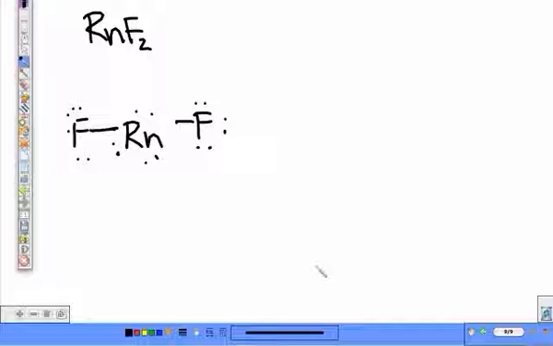So how many atoms are bonded to it? 2. And how many lone pairs? 3. So what kind of geometry would we see? Linear, trigonal bipyramidal. So it's actually linear, yep.